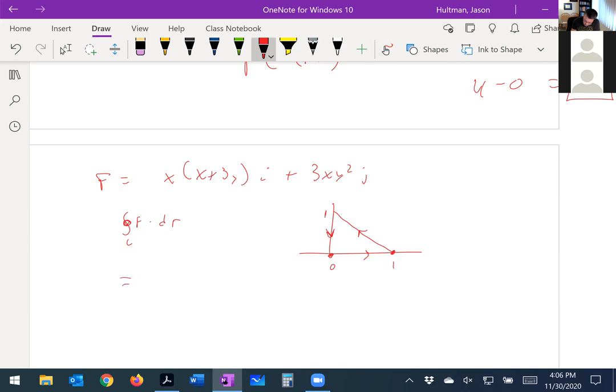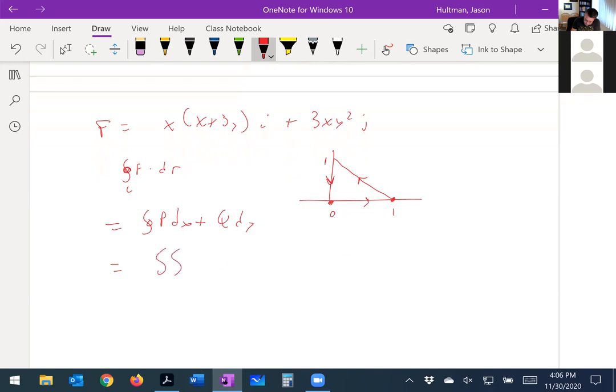However, Green's theorem says that I can change this integral of P dx plus Q dy into the double integral over the area, call that D, of dQ/dx minus dP/dy dA. There's my Green's theorem.